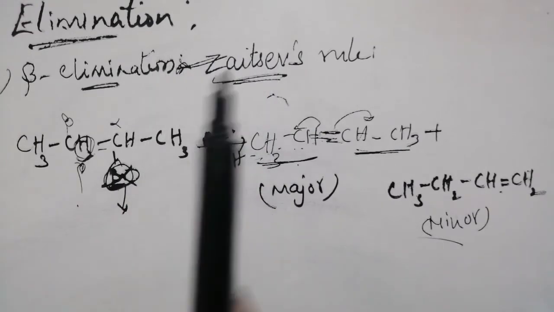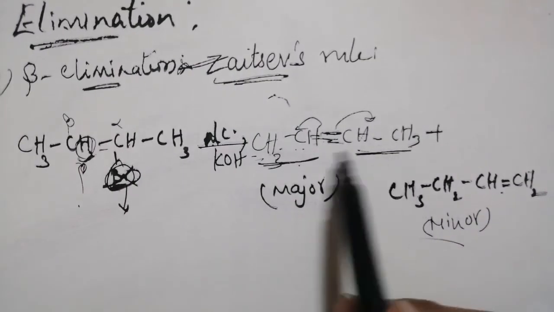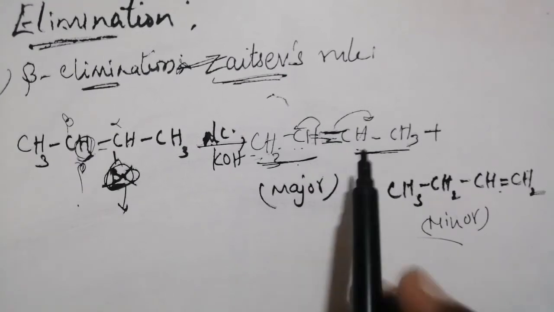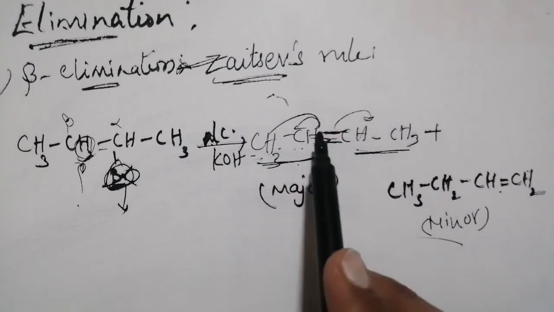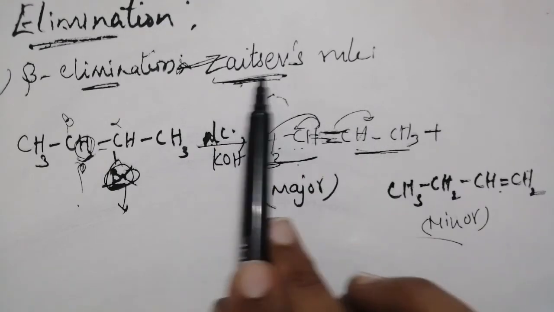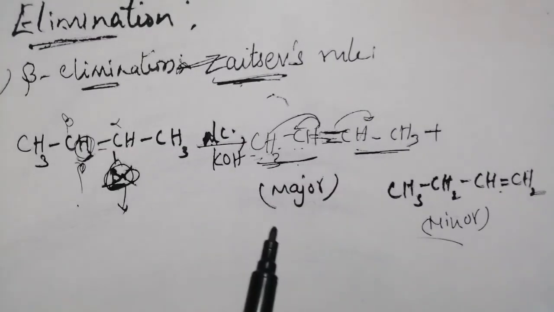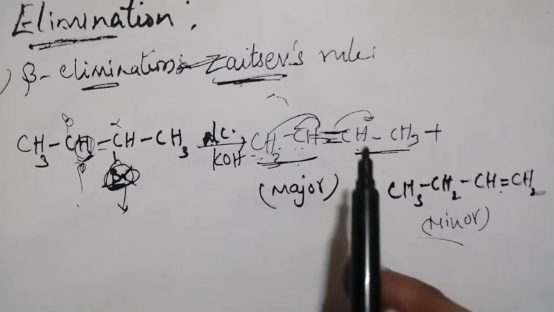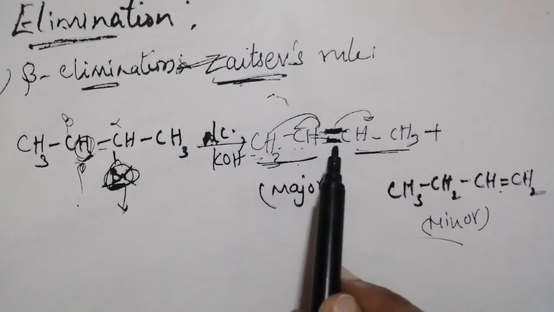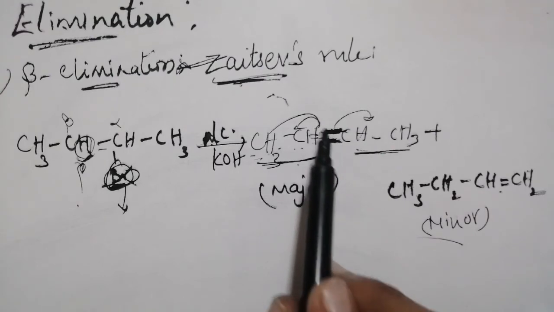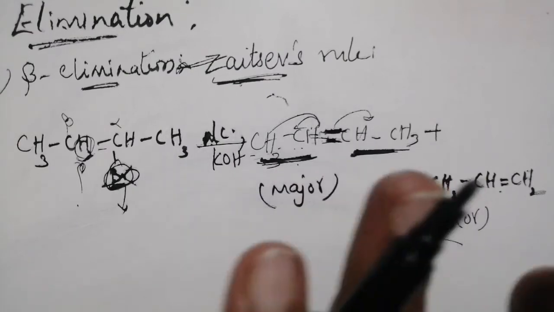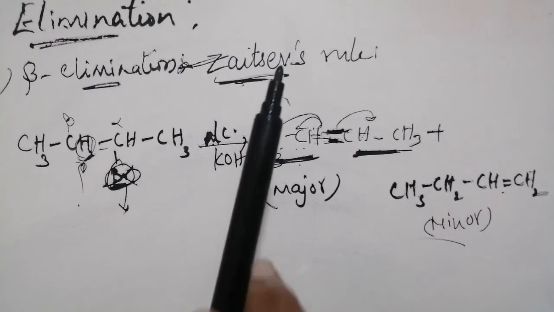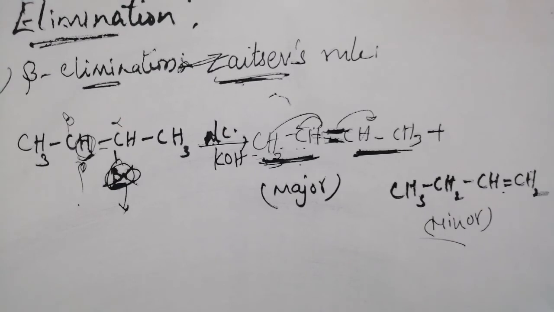Zaitsev's rule says the double bond formed will be where there are equal numbers of alkyl groups to its left and right. I think it is clear. This is the beta elimination reaction, that is, the elimination reaction.